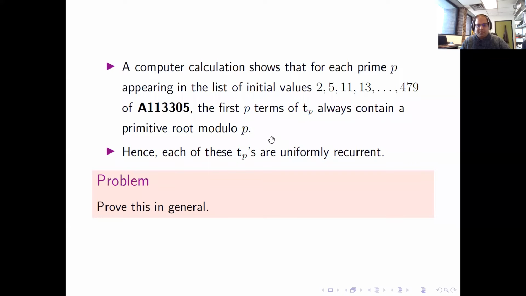So that's an open problem: can you prove that for any prime p in this sequence, the first p terms of Tp always contain a primitive root? Solving this would also imply a solution to my previous open problem of characterizing the primes for which the Motzkin numbers mod p are uniformly recurrent or not.